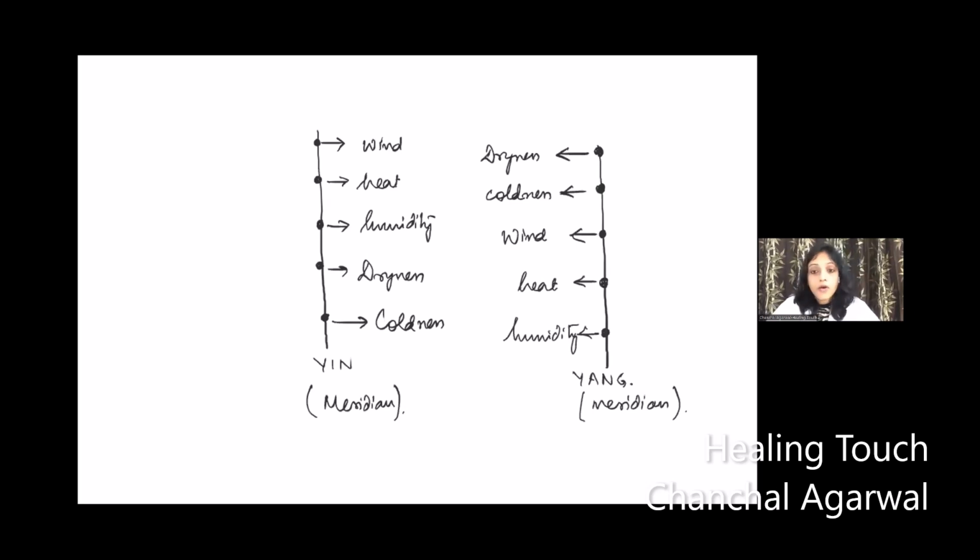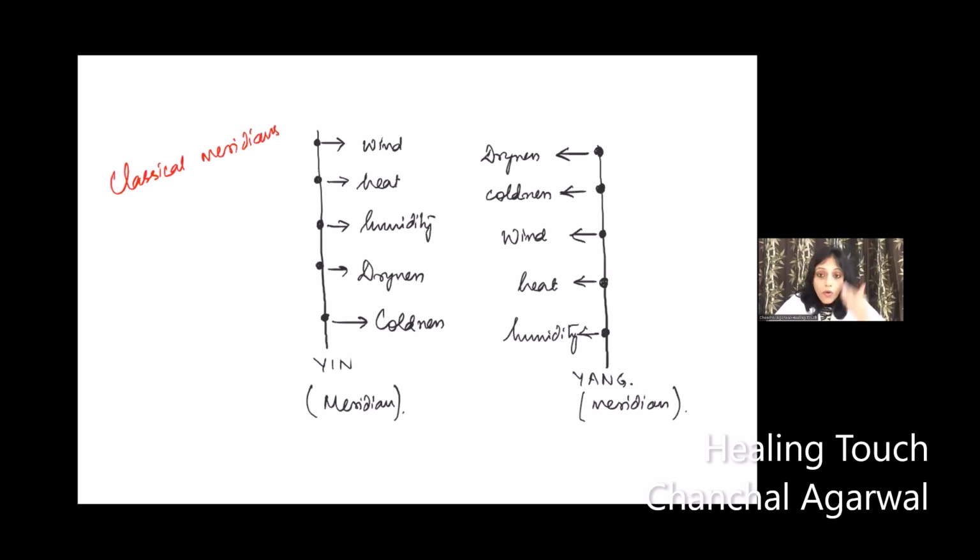Now, another thing which you should remember under this five shu point topic is that the meridians flowing all over the whole body are called classical meridians.